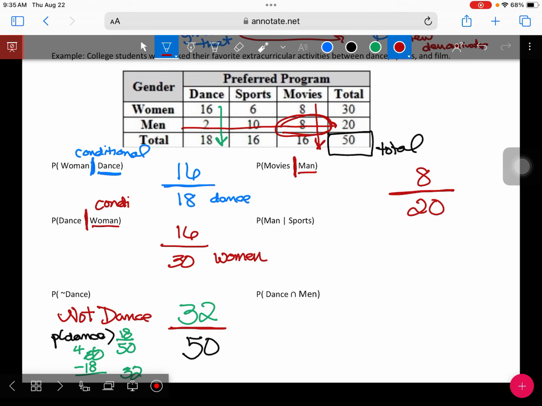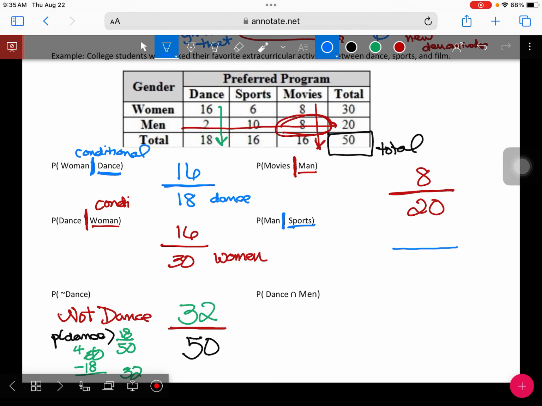Let's see if you can do this next one on your own. What is the probability of selecting a man given that he also prefers sports? See if you can do that one on your own. What's your bottom denominator going to be? What is it? 60. Say it one more time. 60. Yes. Good.